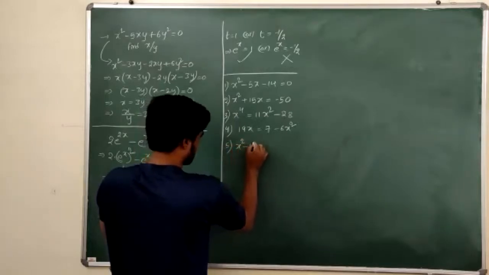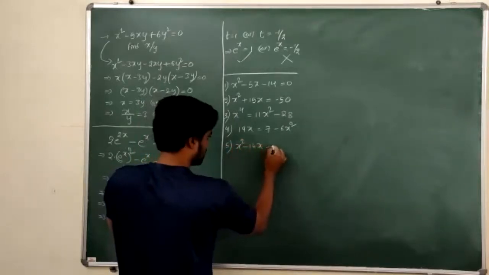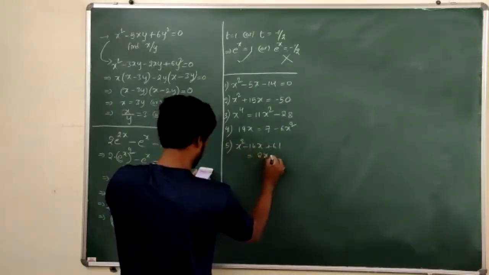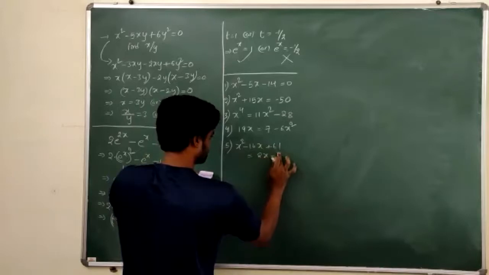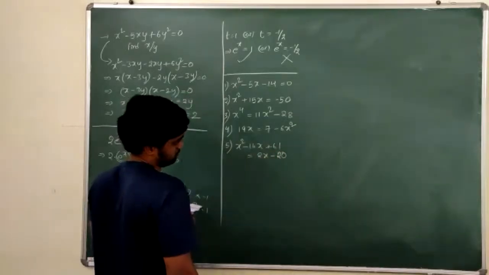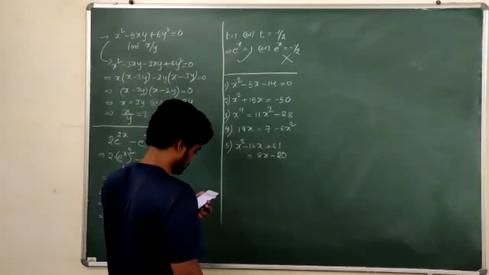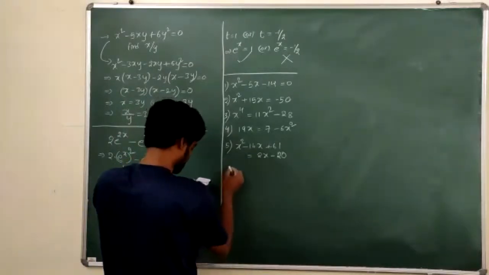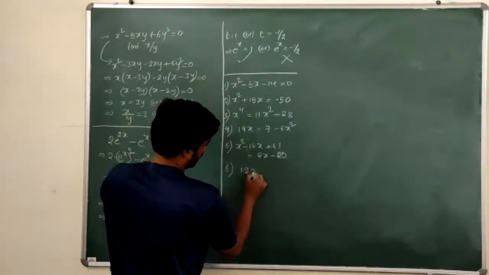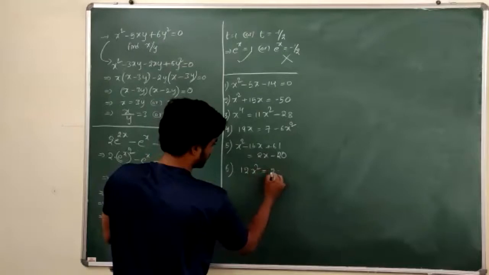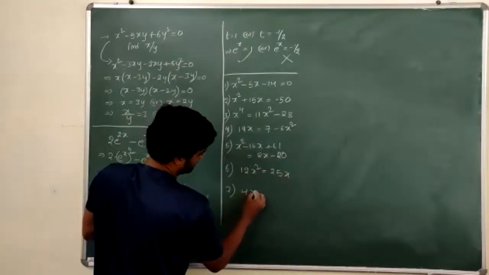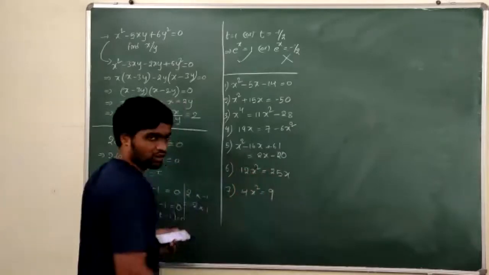X square minus 16x plus 61 is equal to 2x minus 20. 12x square is equal to 25x. 4x square is equal to 9.